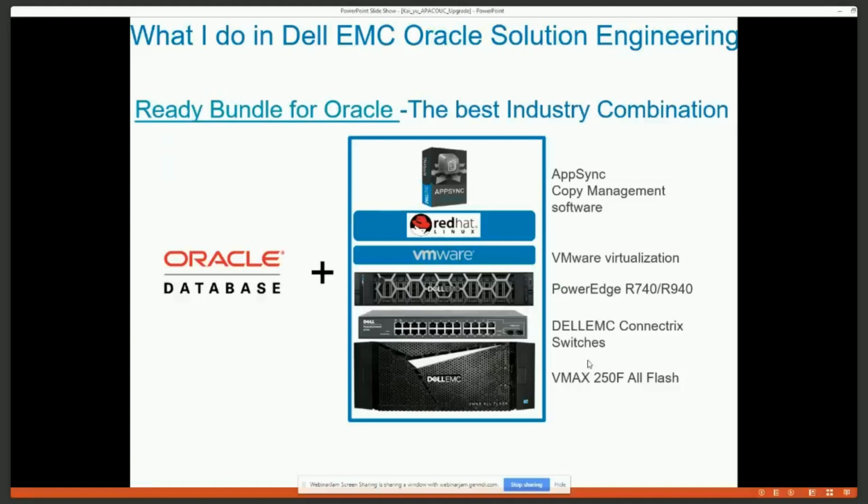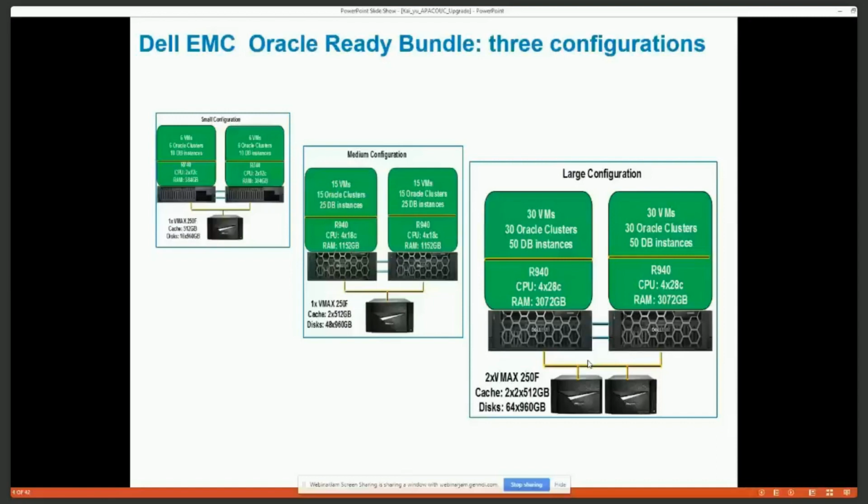For example, this is one of the offerings we provided. We provide 3 different configurations, called small, to meet different needs from business. So the customer can choose the different configuration based on the size of the business, size of database, as well as the performance requirement of the database.